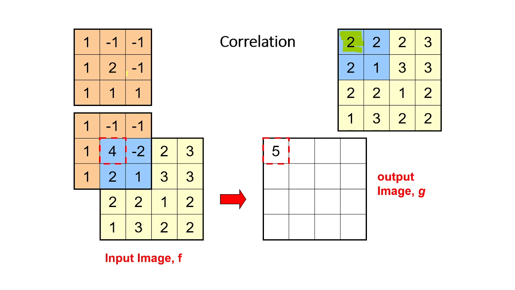All of these products are then summed: 4 minus 2 is 2, 2 plus 2 is 4, plus 1 is 5. Then this becomes the new image correlation value, 5.